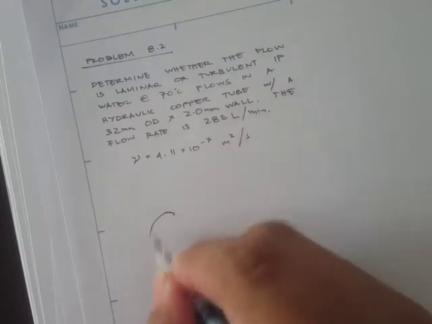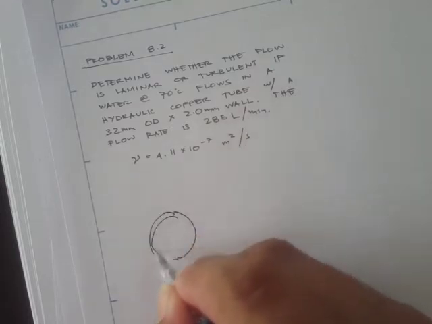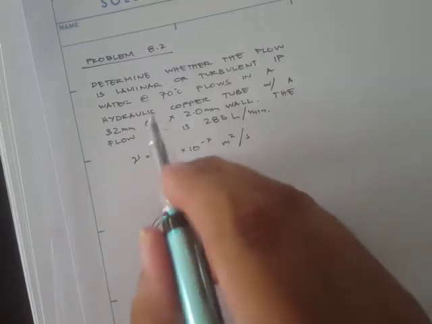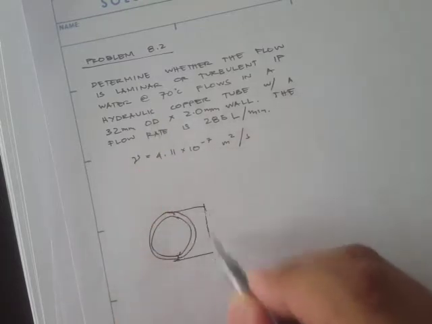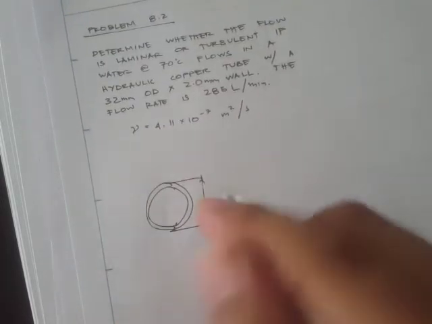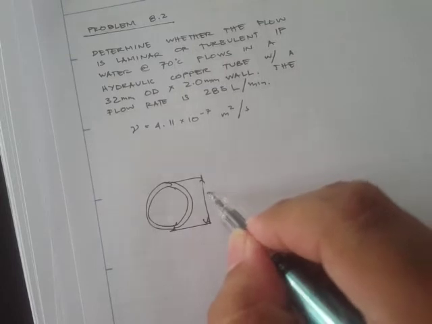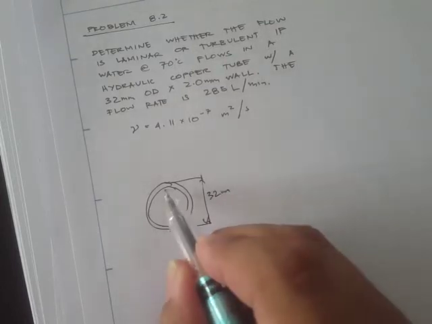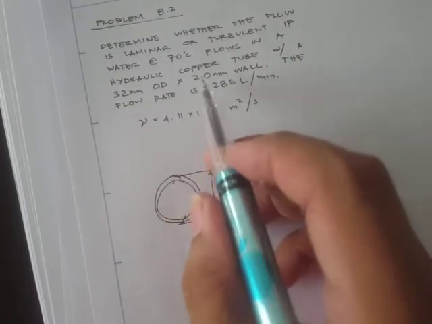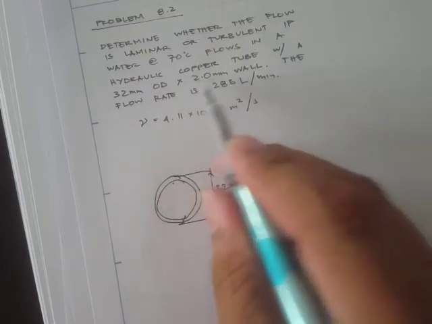What it means is that we have an OD, which stands for the outside diameter. So the outside diameter is 32 mm, but the inside diameter would be the outside diameter minus the wall thickness.